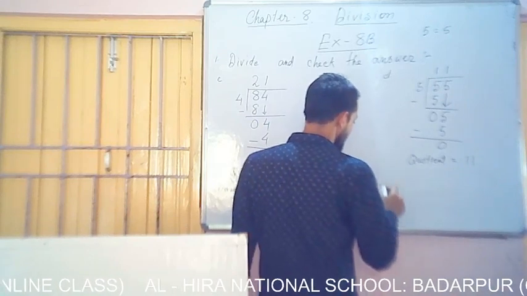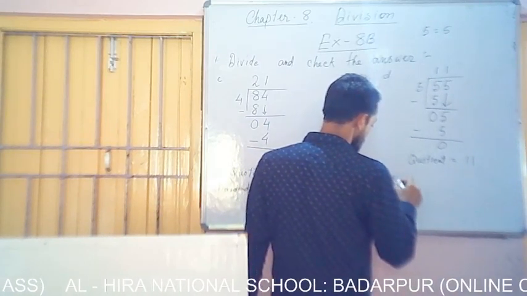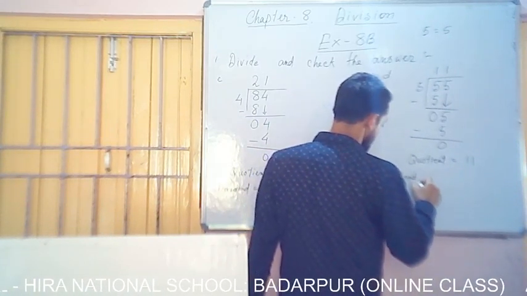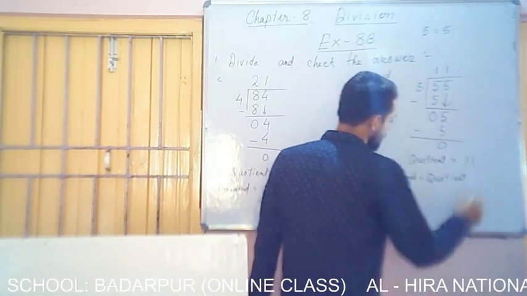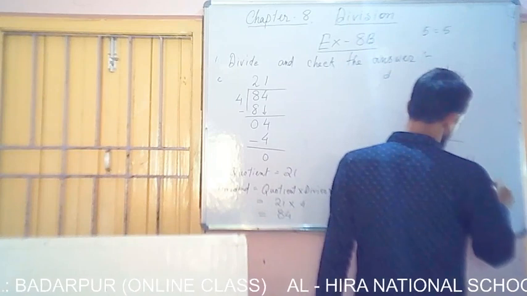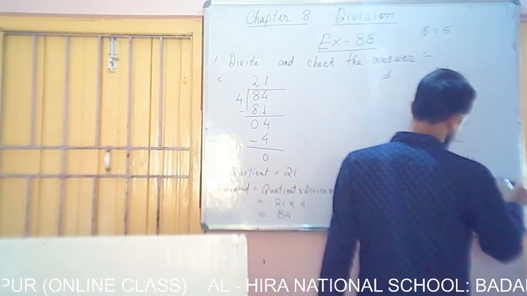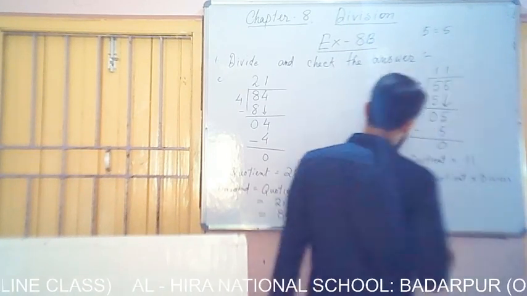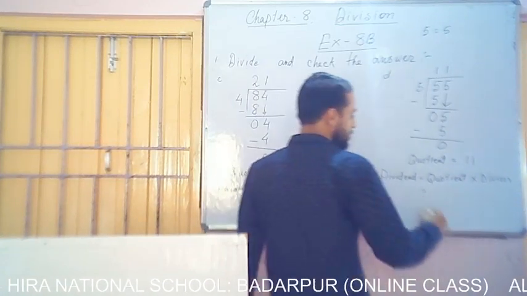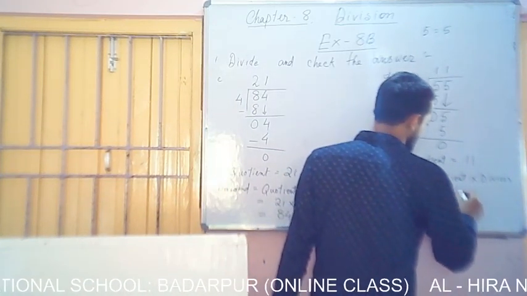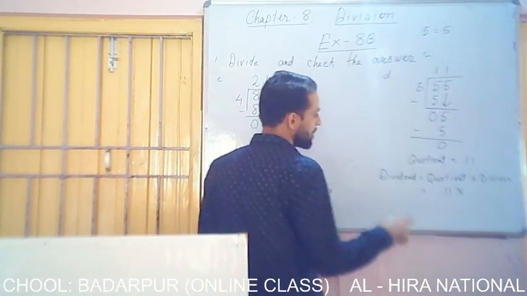To check, we have to use this formula. Which number is the quotient? 11. So in place of quotient we are going to write 11. Now which number is the divisor? 5.